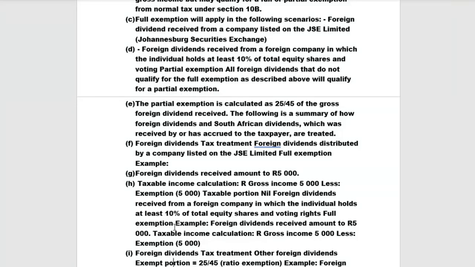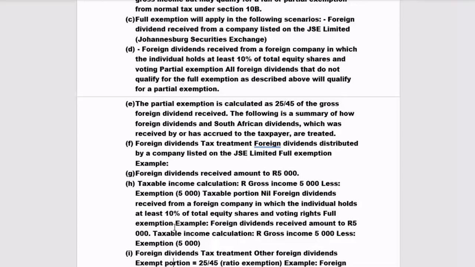The foreign dividends tax treatments. Foreign dividends distributed by a company listed on the JSE Limited have a full exemption. Example: foreign dividends received with an amount of 5,000 rand. What you're going to do is, foreign dividends are part of your gross income, 5,000. The exemption will be 5,000.